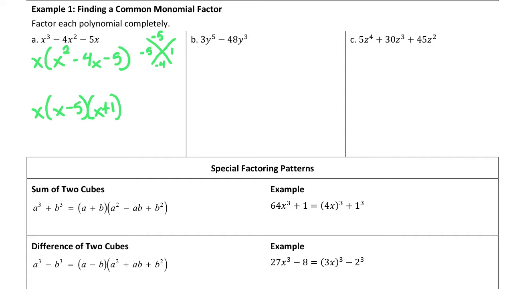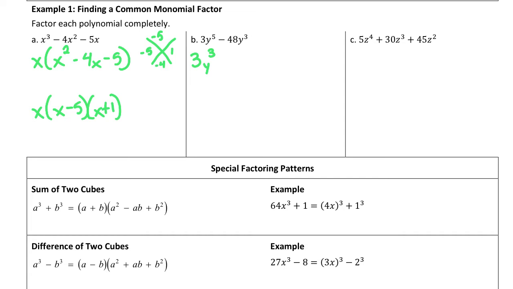So factoring, you might have to pull out a common factor first. In part B, we can pull out a common factor. We can factor out 3, and we can factor out y to the third. The reason we can factor out y to the third is that y to the third times y to the second is y to the fifth, so it is a factor.